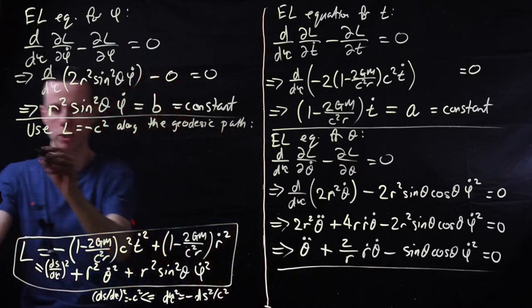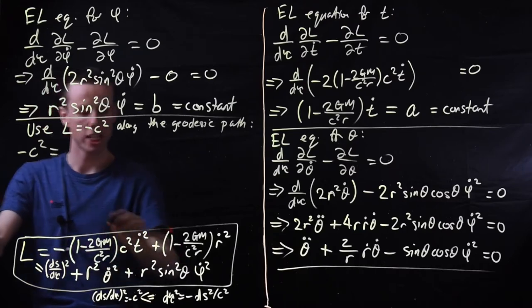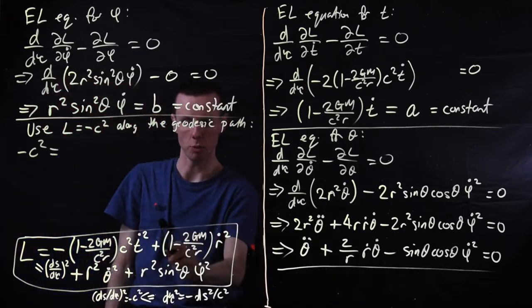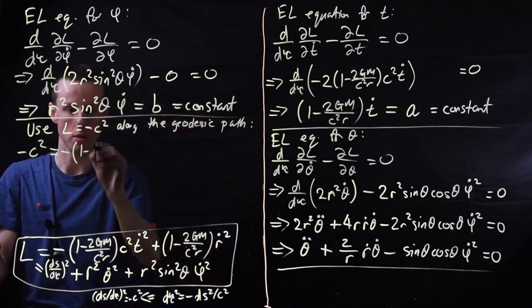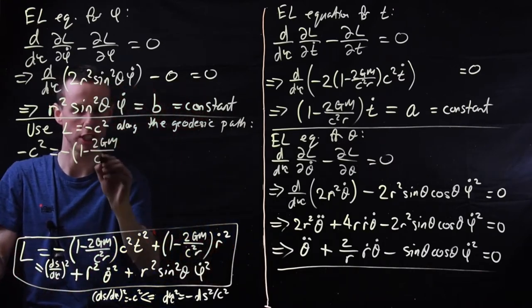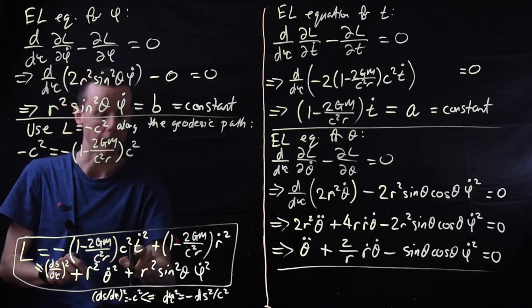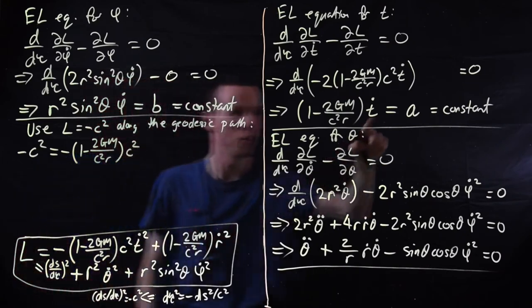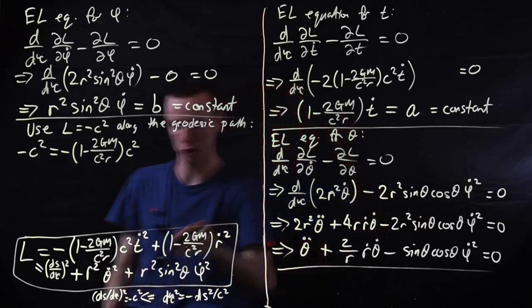And what does that give us? So minus c squared is equal to all this. But let's plug in the bits and pieces that we know. So we've got minus 1 minus 2gm over c squared r times c squared, t dot squared. Let's replace it now with this. So t dot is a divided by 1 minus 2gm over c squared r.